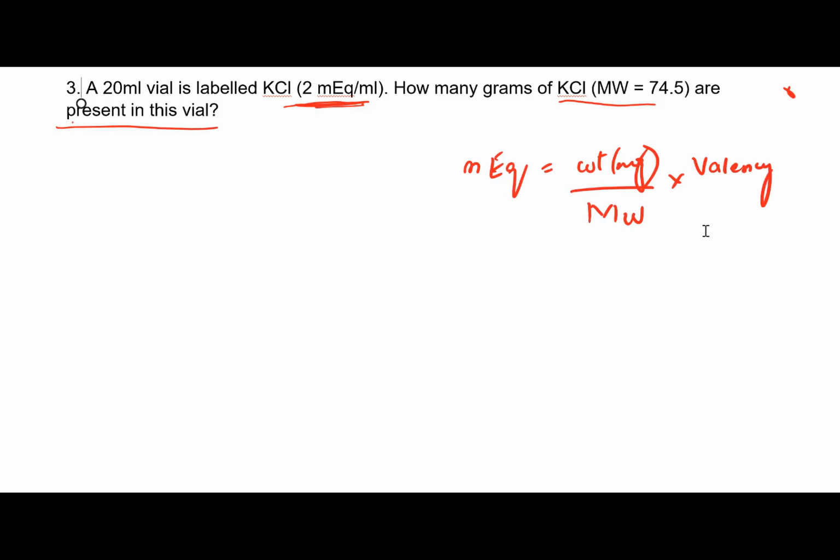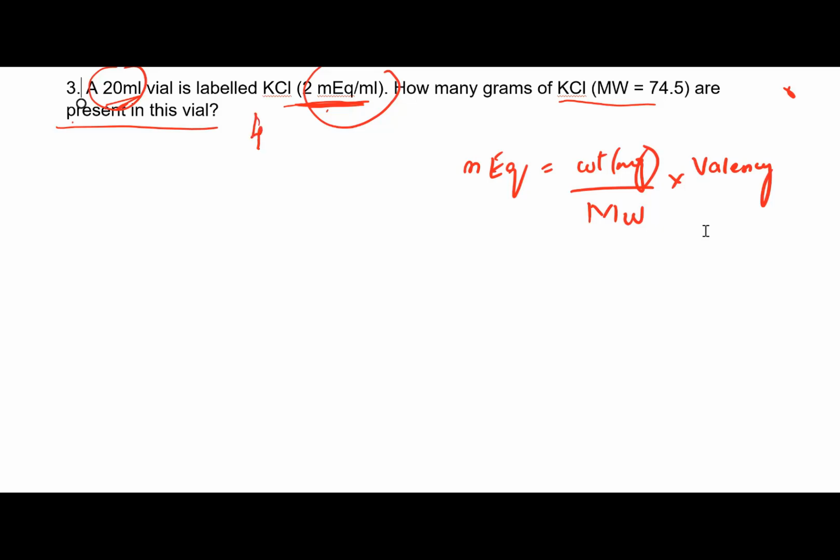I know that this vial is 20 mls and the strength is 2 milliequivalent per ml. So can I work out how many milliequivalent are present in this? 2 milliequivalent present per ml, and this vial is 20 mls. So how many milliequivalent would be present here?